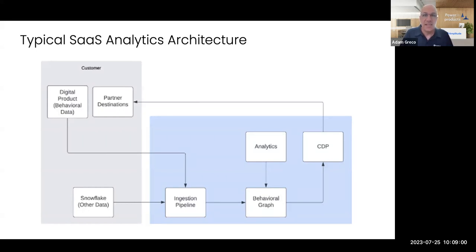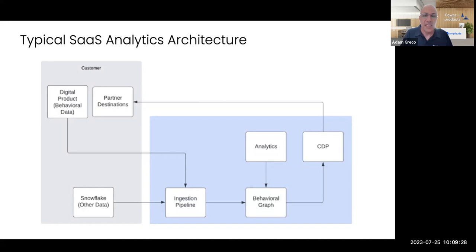Then, as the next decades happened, we started to realize that we have all of this data in the cloud, but we also need to be able to action on some of this data, and we want to take subsets of that data. That started a new revolution, the CDP revolution, where you say, even though I'm sending data to the cloud, to say an Adobe or a Google, I also want to have that data internally.